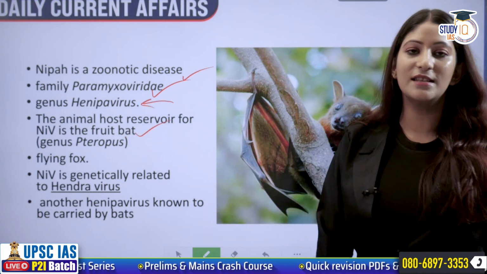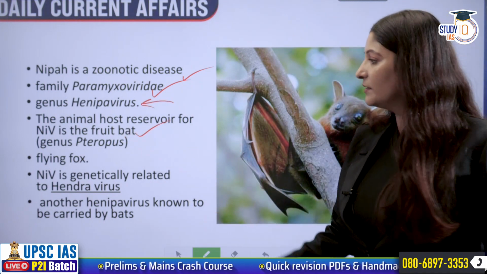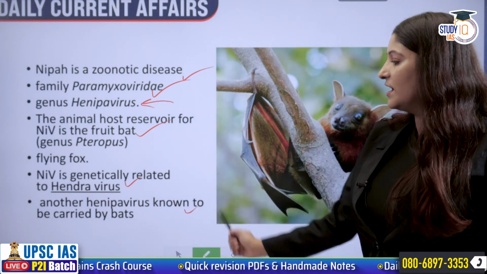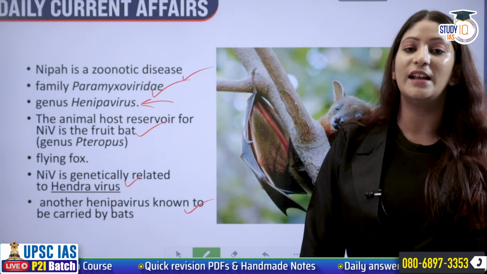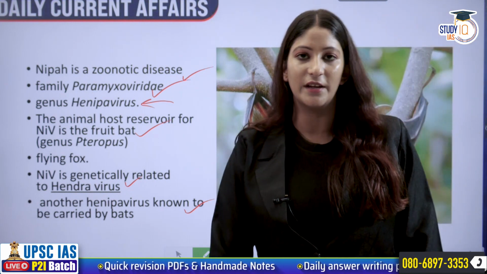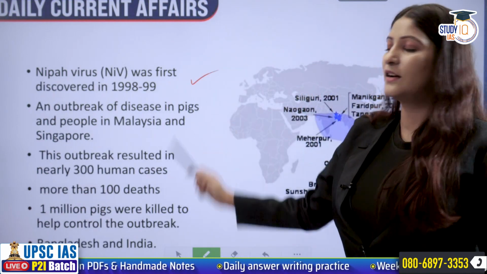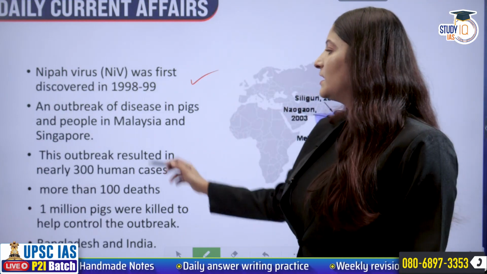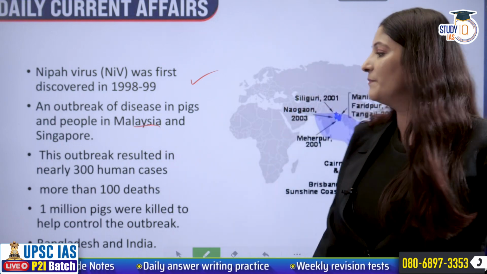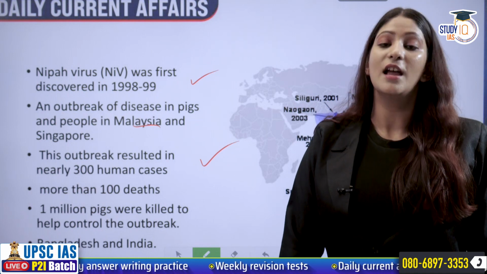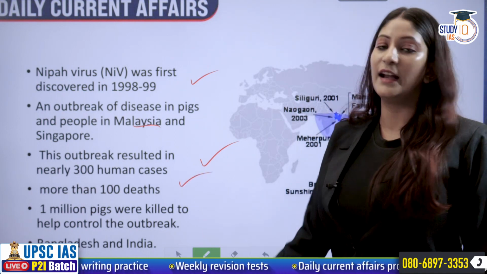The animal host is flying fox or fruit bat. It's genetically related to the Hendra virus, and that is why it was very easy for us to understand how bats can be a carrier or reservoir of so many viruses. It was first discovered in 1998-99 in Malaysia and Singapore respectively, and the outbreak back then resulted in nearly 300 human cases, out of which 100 died.